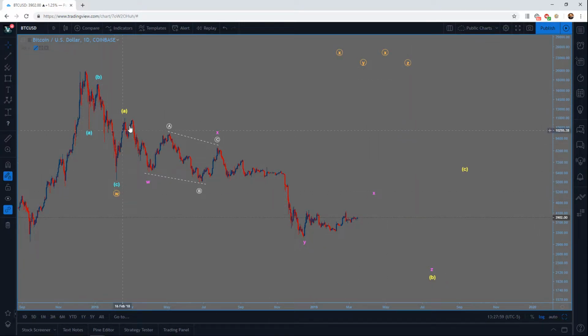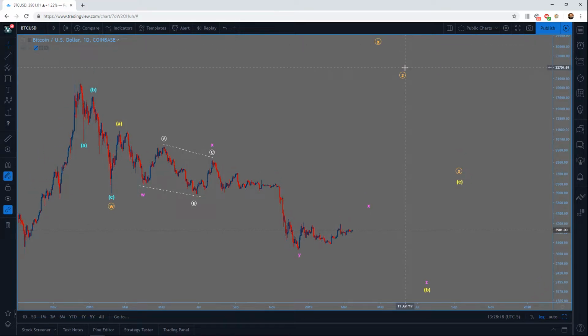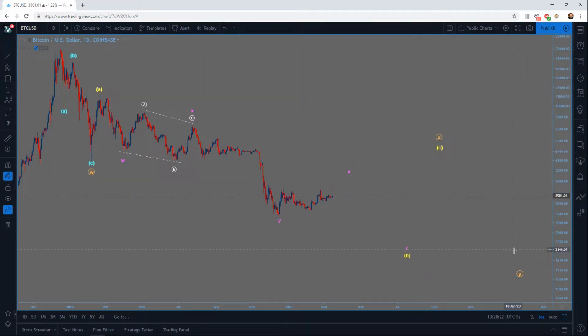This massive wave here, again, this is A, B, C, for me, all makes up an X wave. Followed by one more down in Y. So, in this count, we do not use X or Z. We assume the correction ends as Y completes.